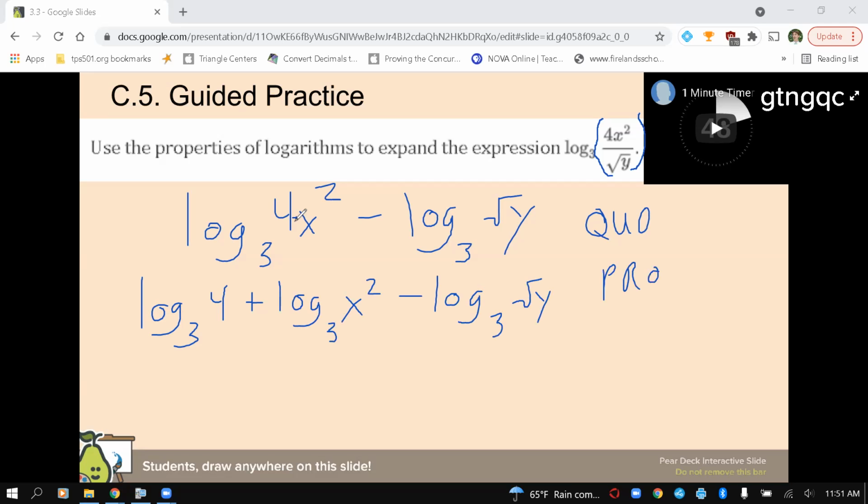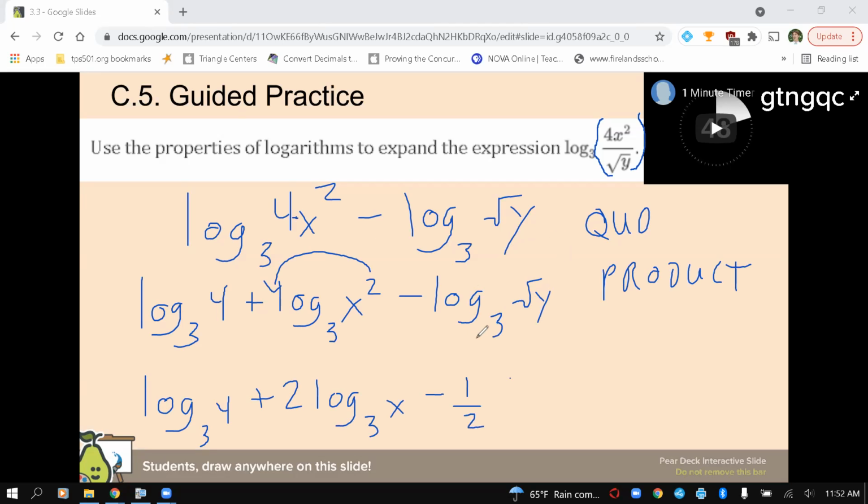And then the last thing you're going to do is the power rule. There are actually 2 powers that you can do. This 2 will go in front. And then this square root of y can be rewritten as y to the half power, put that half in front. You got to use all 3 rules for that guided practice.